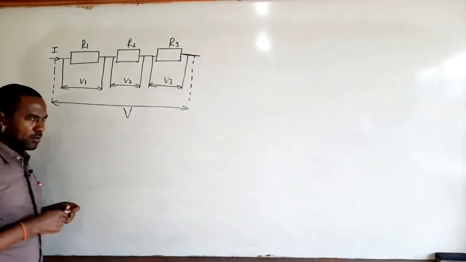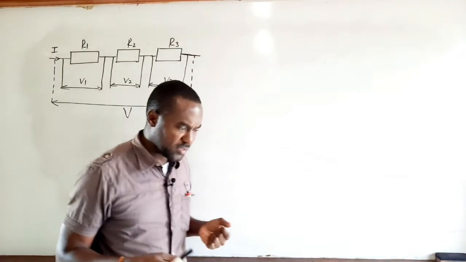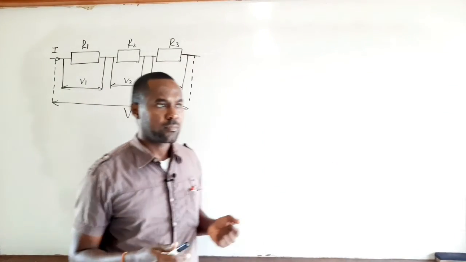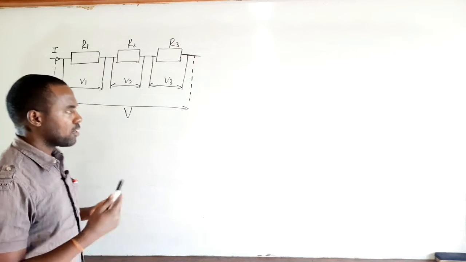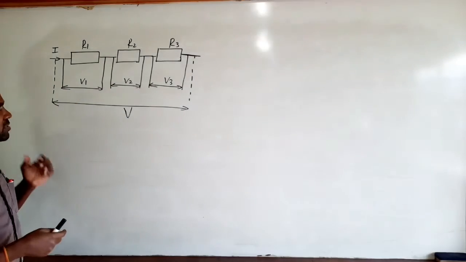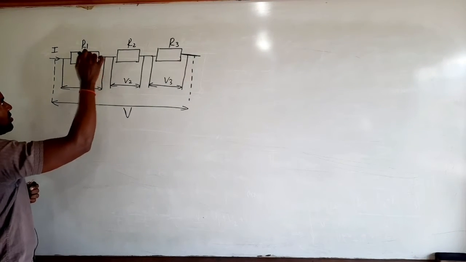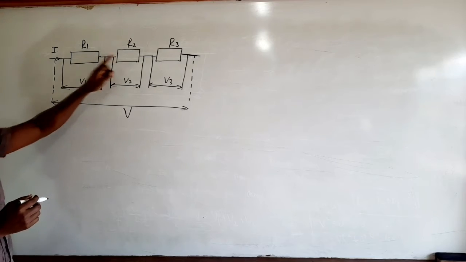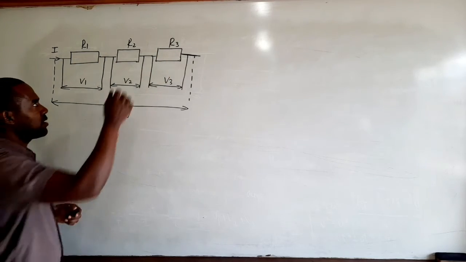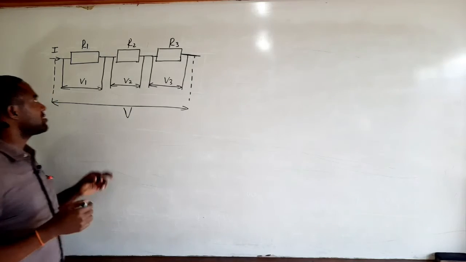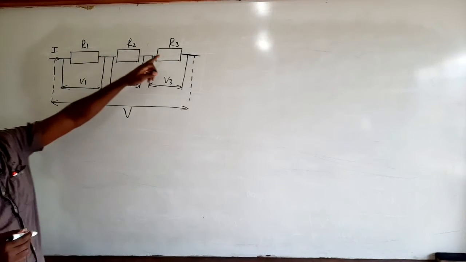Now, from our look at components connected in series, we know a few things. We know that one, the current flowing through each component is the same. So because these three resistors, R1, R2, and R3 are connected in series, it therefore means that the same current I flows through each.